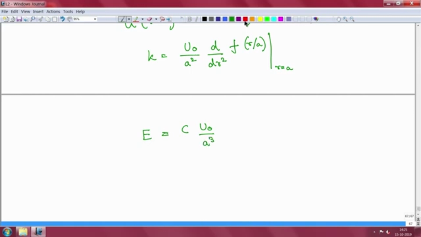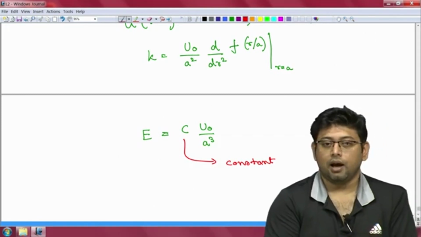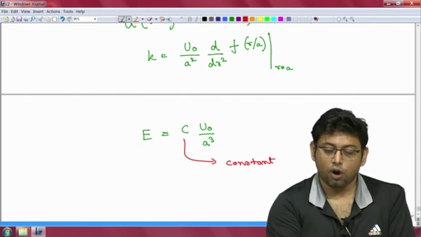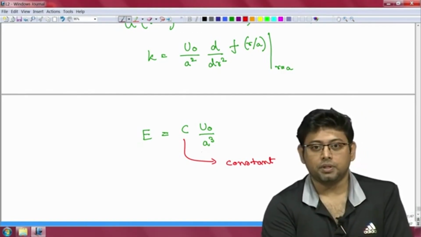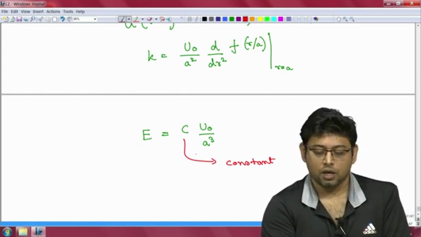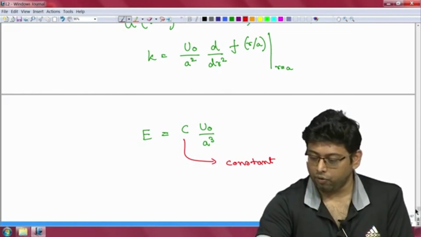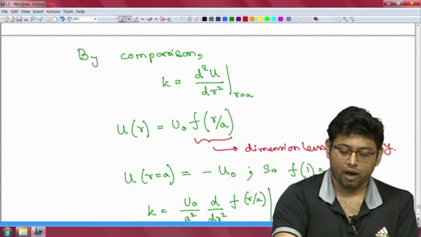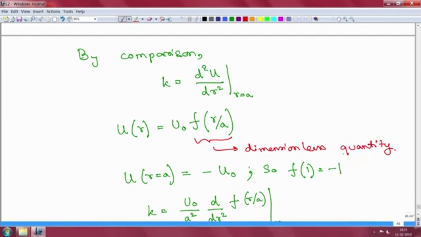Okay. So, this is some constant. What this particular form shows us is that the modulus is basically a kind of energy density, right. It is U naught by a cube. So, a cube represents a volumetric term, and U naught, as we had already discussed before, is a pair potential, and we had said that f of r by a is a dimensionless quantity.